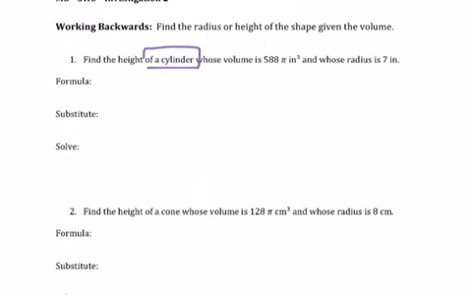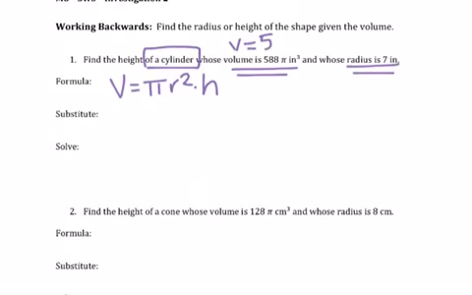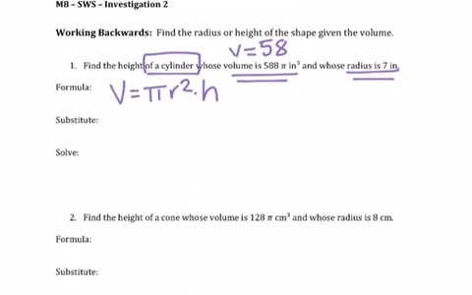So I'm dealing with a cylinder if the volume is 588 pi and the radius is 7. If I'm dealing with the volume of a cylinder, we're going to write V equals pi r squared times the height. Going back up to the question, the volume is 588 pi and the radius is 7.